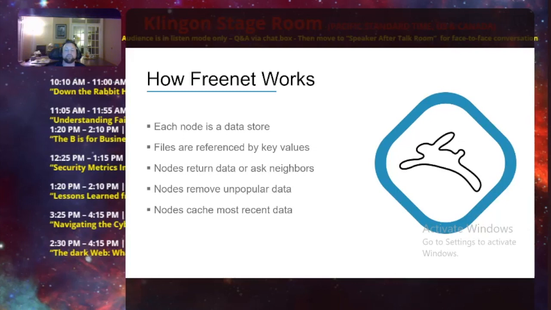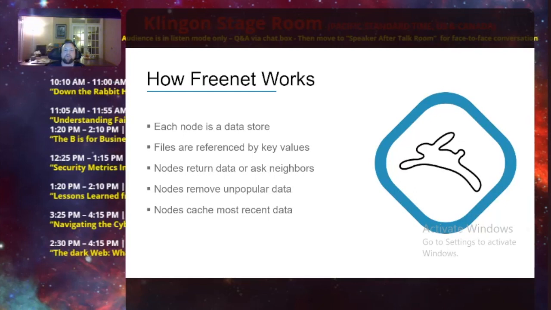If a positive response is received from a node, that node is going to send the data to the node it received the request from, cache a copy of that data in its own store, set the attribution to the node it received it from, and then pass it on to the next node.